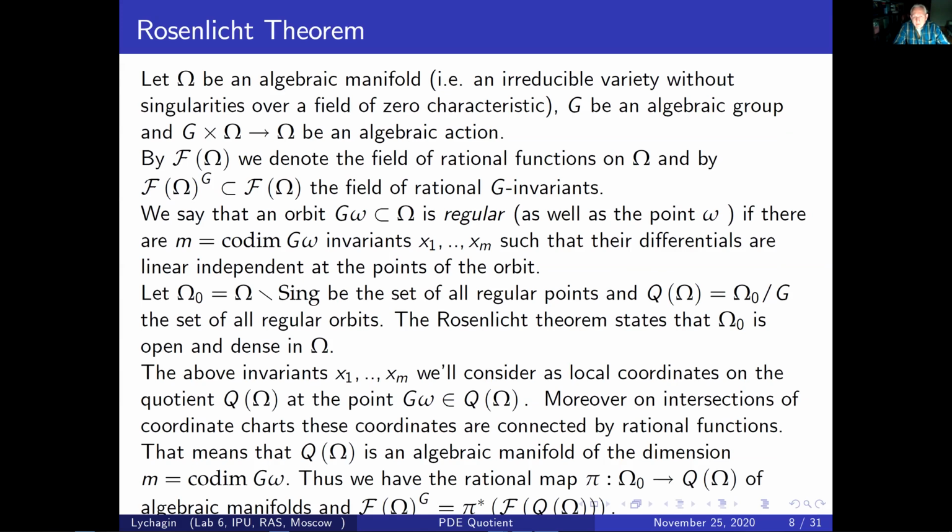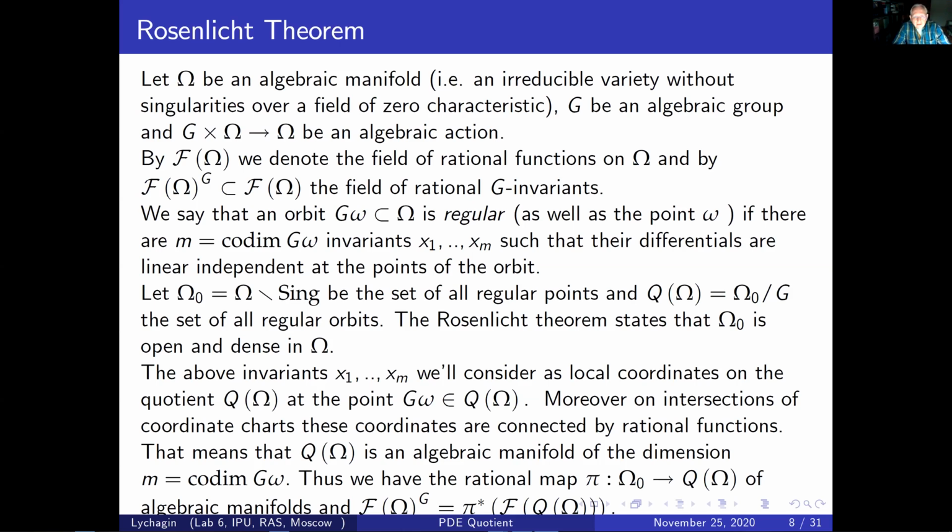And if you require that these transformations are given by rational functions, then what you get is called an algebraic manifold. It's just a very special case of so-called algebraic varieties. Sometimes they call these varieties without singularities.